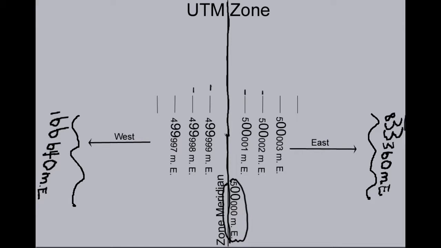All the way out here to the western boundary of the zone, where the easting is 166,640 meters east. One thing that I'd like for you to notice about eastings is eastings always increase as you go east in the zone. So you start on the west end of the zone, and as you go east, the eastings are always increasing.